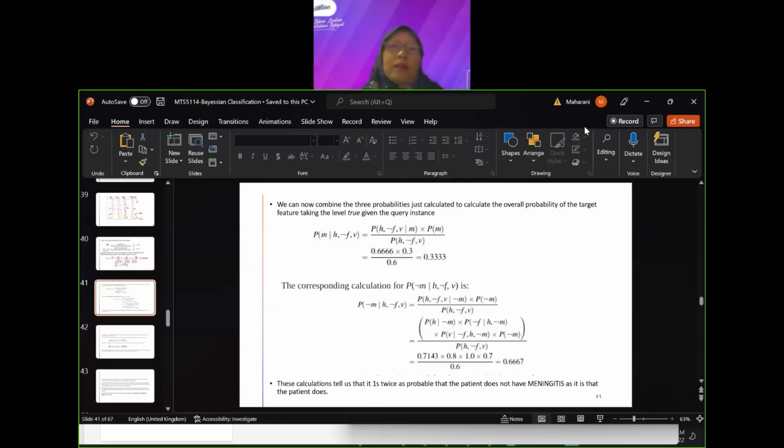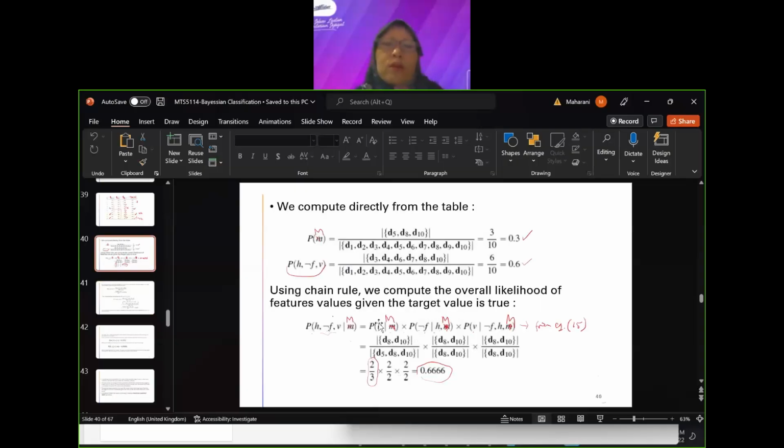All right, we continue again here. Once we compute all of them, we have P(M), and then the 3 features, H, non-F, V, and the conditional probability of H, non-F, V given M. Now we compute the probability of people getting meningitis with two conditions, headache and vomiting, but non-fever.